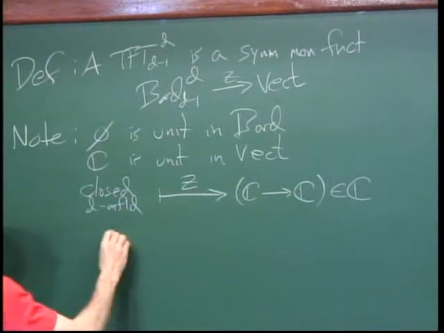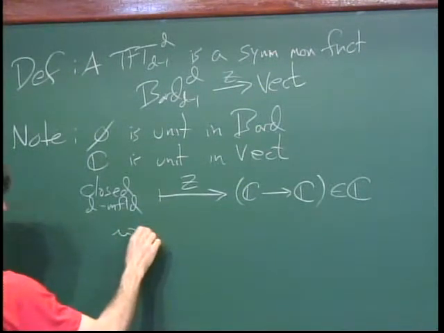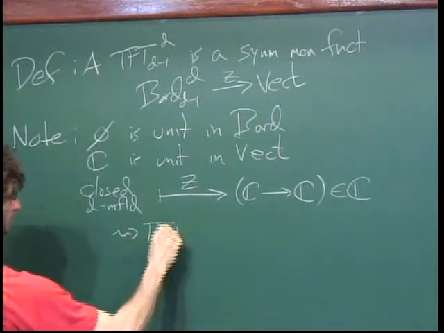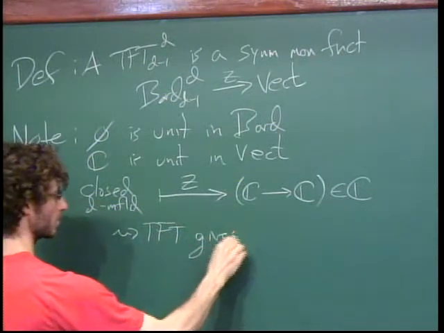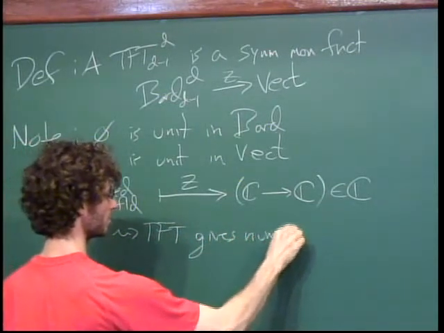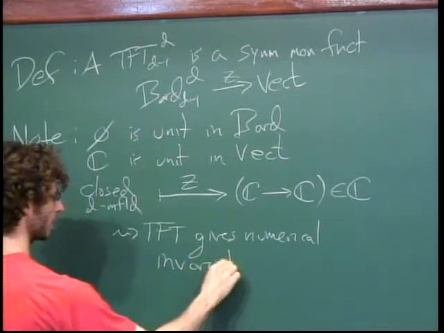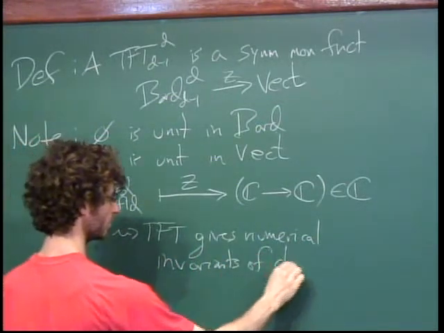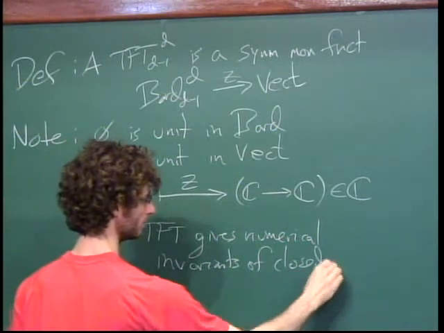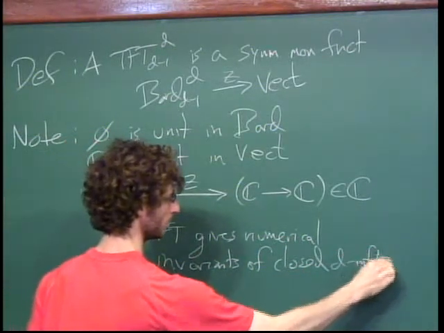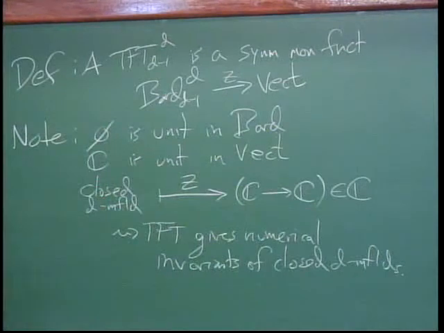And so the topological field theory gives numerical invariants of closed d-manifolds. So that's the kind of general setup.